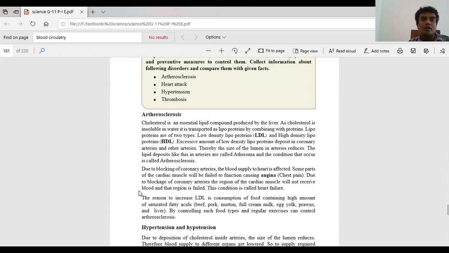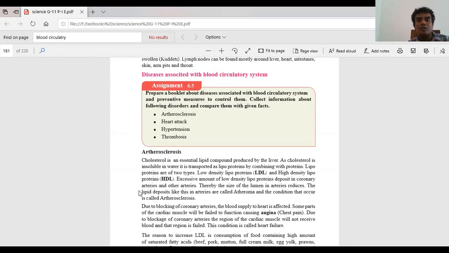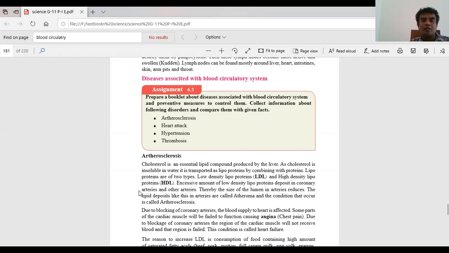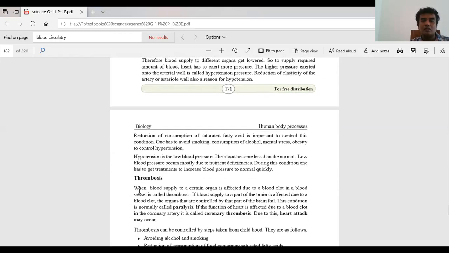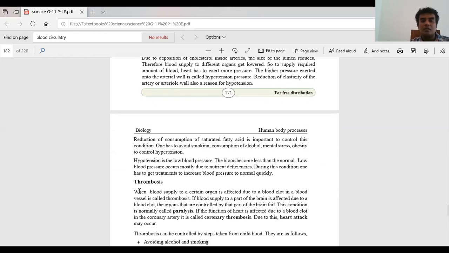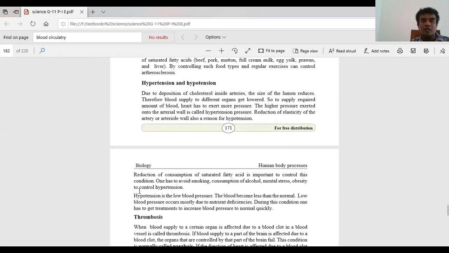I repeat the 4 diseases. Atherosclerosis happens due to the deposit of cholesterol, which is the low density lipoprotein, and it causes severe problems in the blood system and the human body. Heart attack, we discussed, is the condition of thrombosis that happens due to the clotting of blood inside an artery.